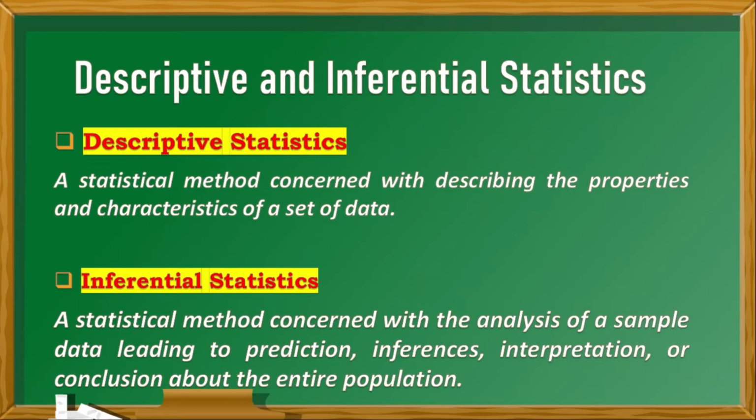Kinuha mo ngayon yung mga grades nila sa math at kinuha mo yung average nila, yung total average. At yung total average nila is 85. At yung 85 na yun yung magre-represent ng whole population, yung average ng whole population ng grade 7 students sa mathematics. So, ganun ang inferential statistics.